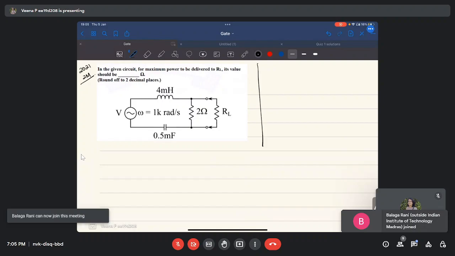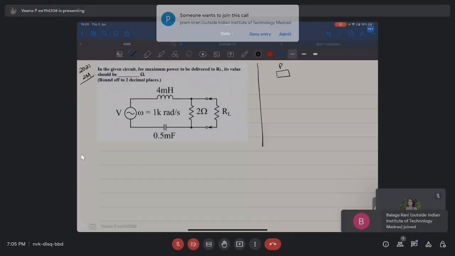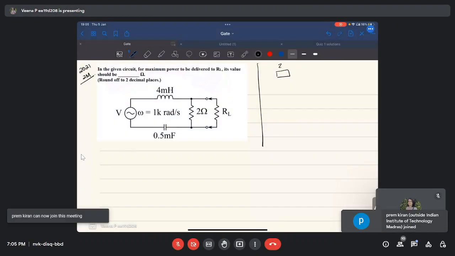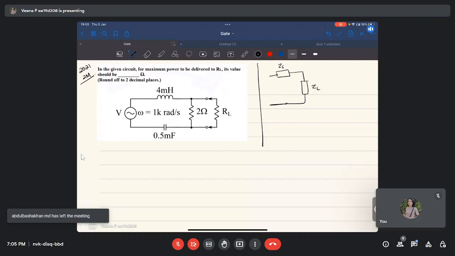One is you have a source impedance, and you have a load impedance. When maximum power needs to be transferred to the load, the value of ZL is asked in maximum power transfer theorem problems.